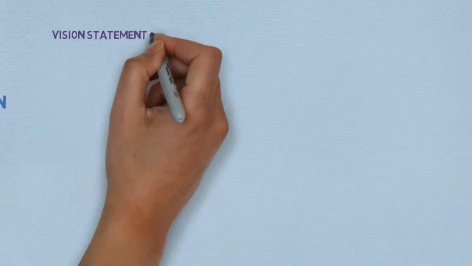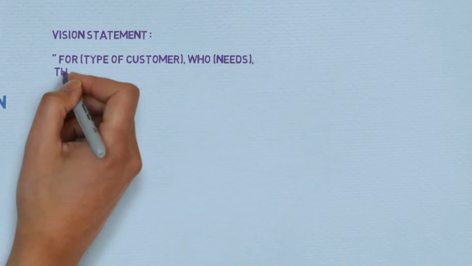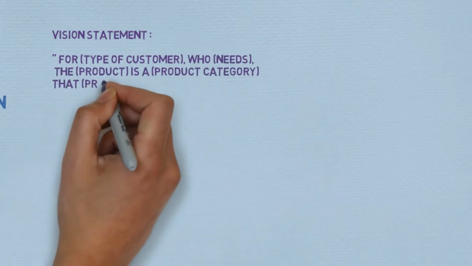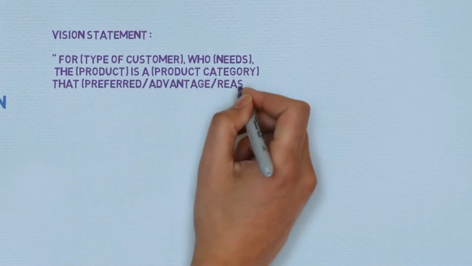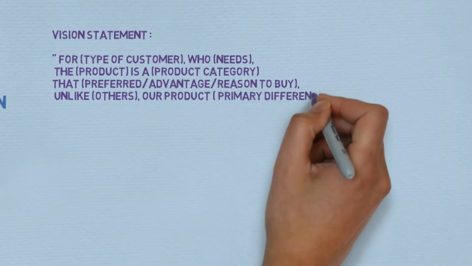But when you are talking in terms of Agile, our vision statement is more focused on software development. And therefore, in Agile, a vision statement format looks like this.